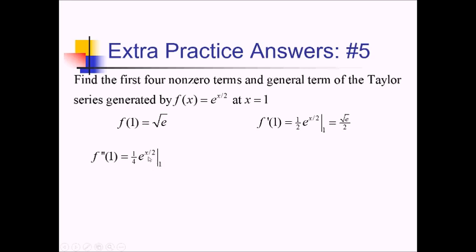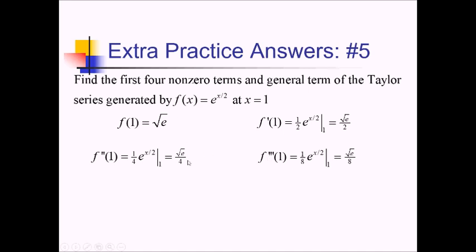Evaluating that at 1, we're going to have the square root of e over 4. And then finally, third derivative, we're going to have another 1/2 getting multiplied out in front here with the chain rule. So that's going to be 1/8 e to the x over 2. Evaluating that at 1, we get radical e over 8. So you can see there's definitely a pattern here.